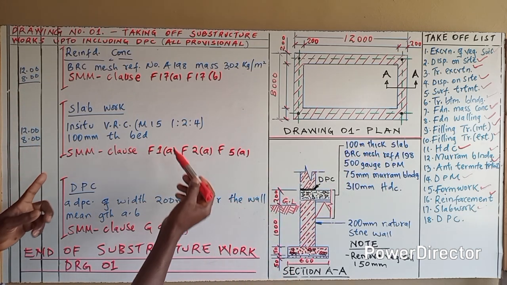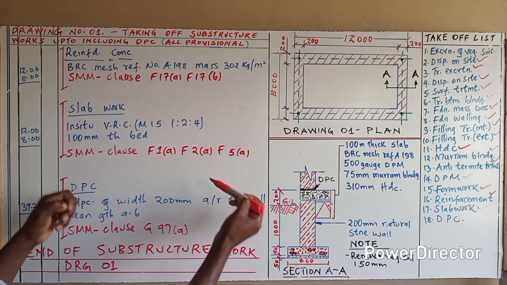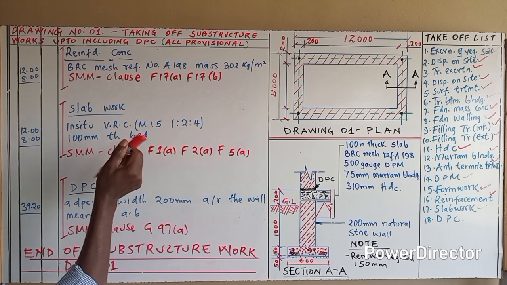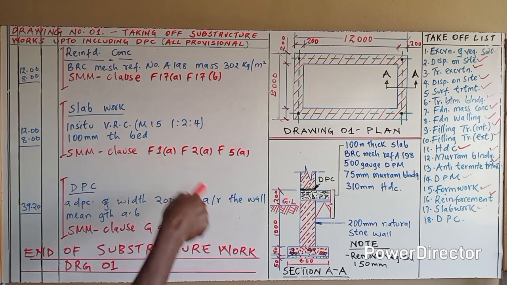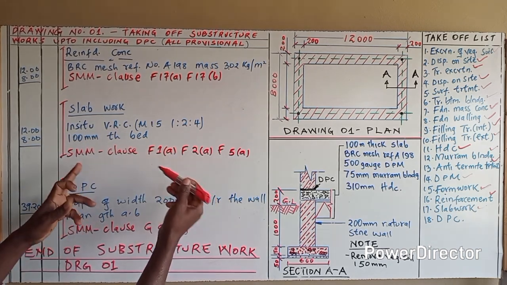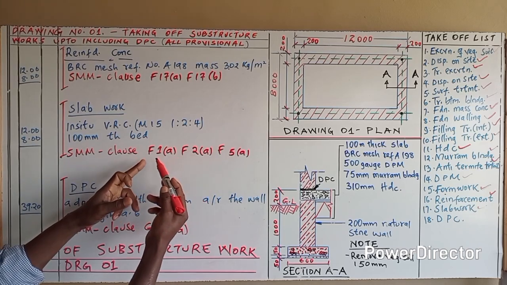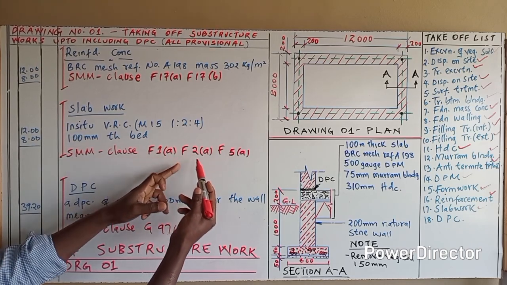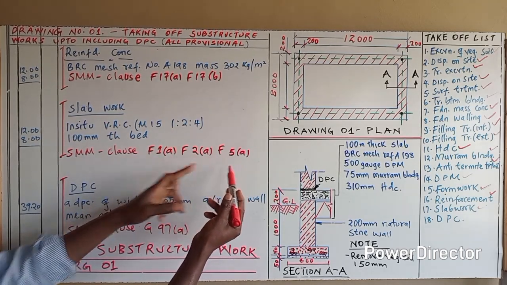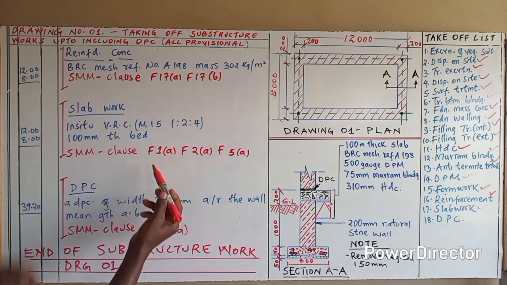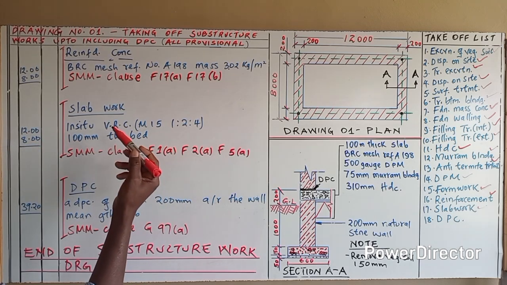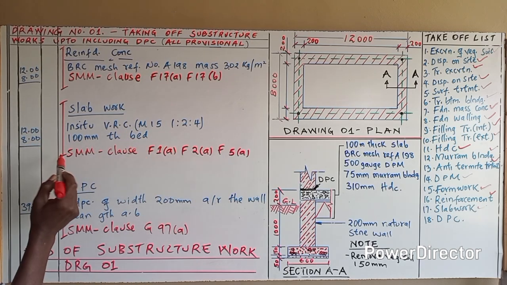So after placing the mesh, you are going to pour in situ and then vibrate this one now using a machine. So if you use SMM clause F1A, F2A, F5A, explain how the concrete are being placed. So how do we book that?